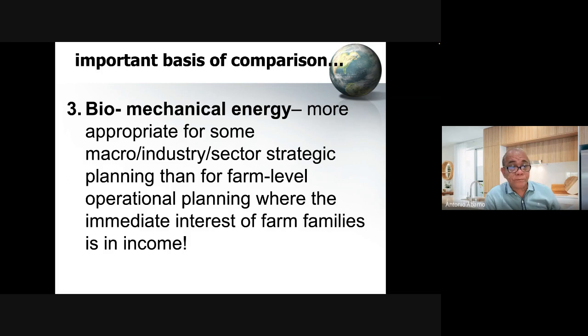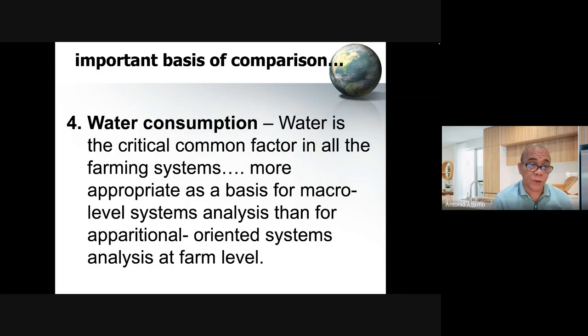That means the availability of biomechanical energy is also a very important comparison. Water consumption can also be a very important basis of comparison, more appropriate for macro level systems analysis than operations oriented systems.